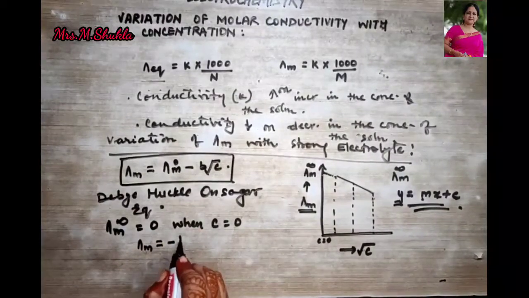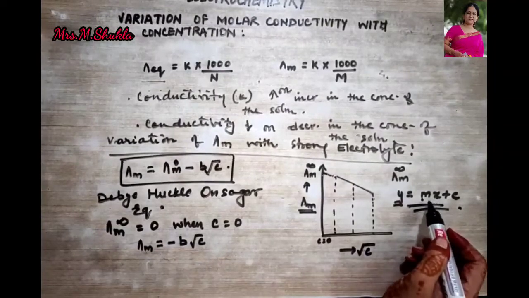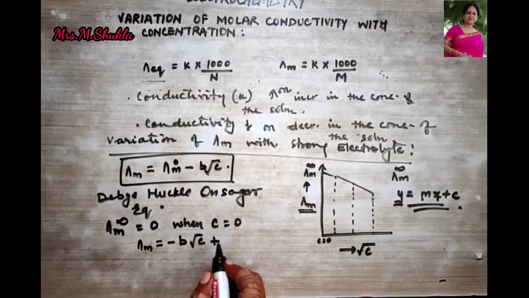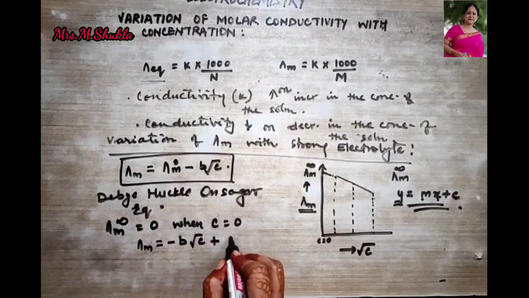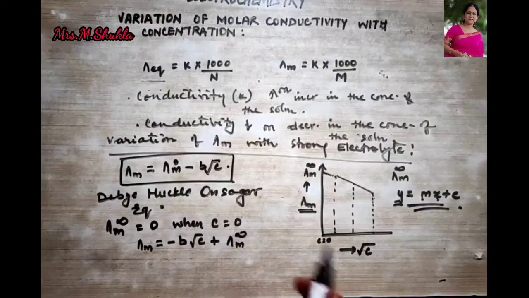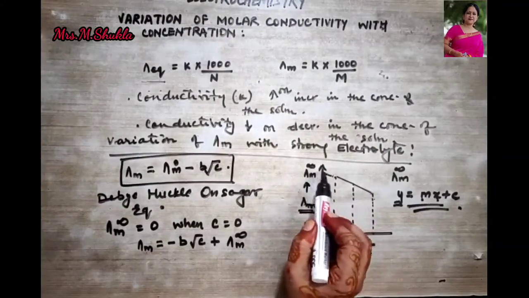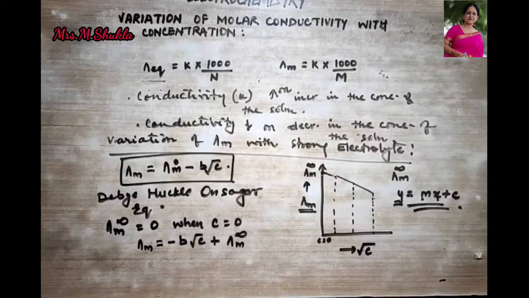So minus b under root c is your slope term on the x-axis, plus the y-intercept. What is your y-intercept? The infinite molar conductivity. That is your y-intercept.